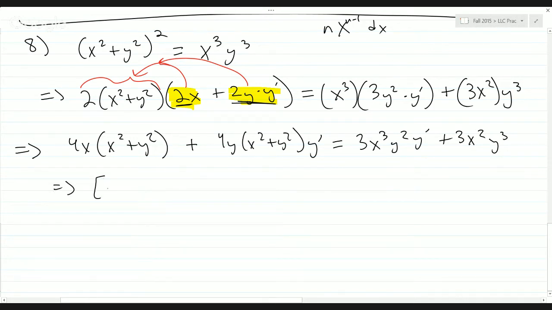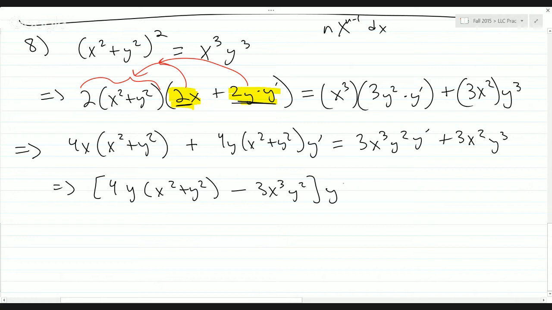On this side, we have 4y times x squared plus y squared minus 3x cubed y squared.